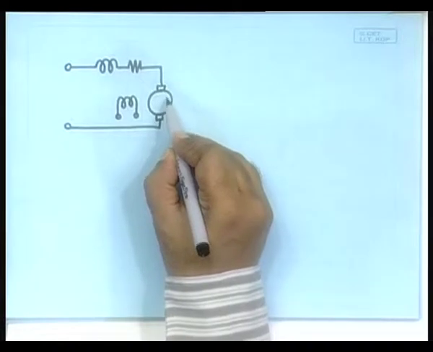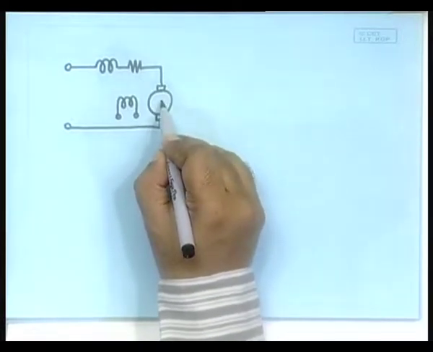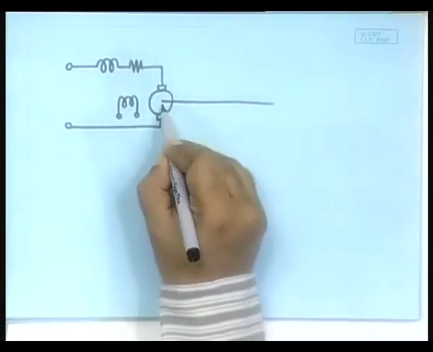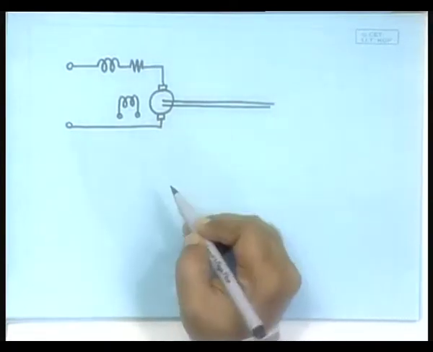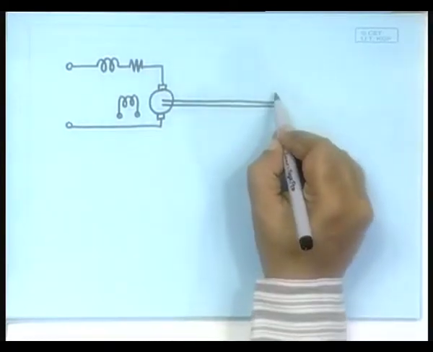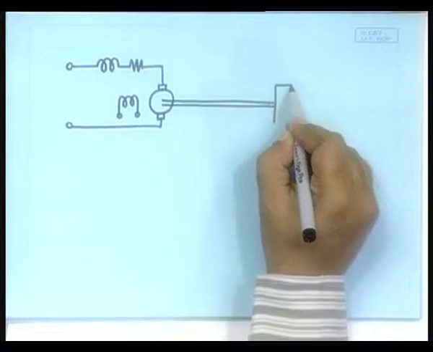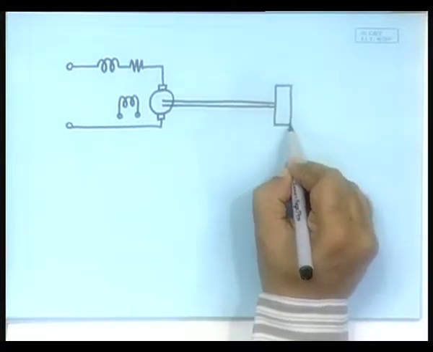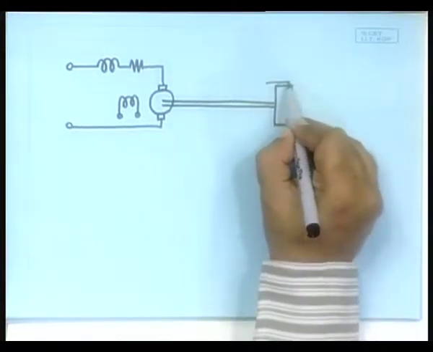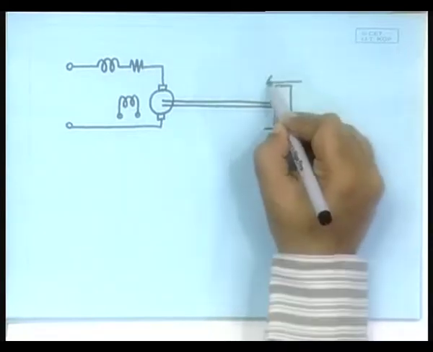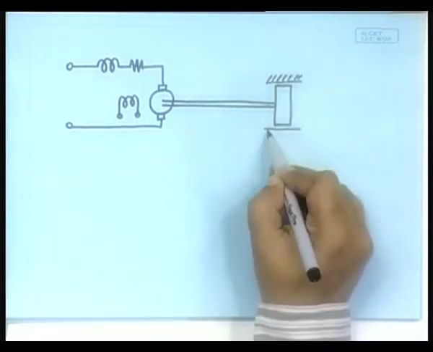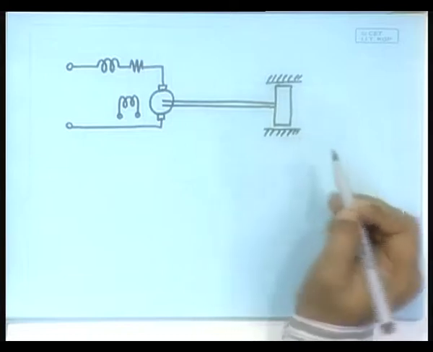And the machine is connected to a shaft, and say the shaft is connected to something that rotates, a mass against some body.